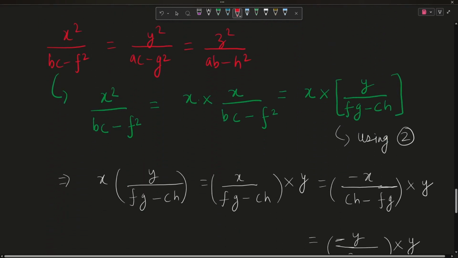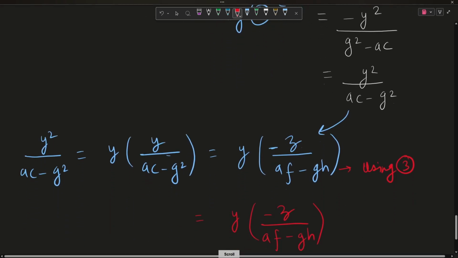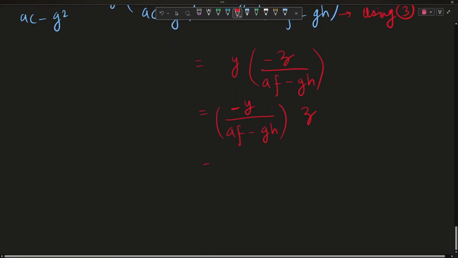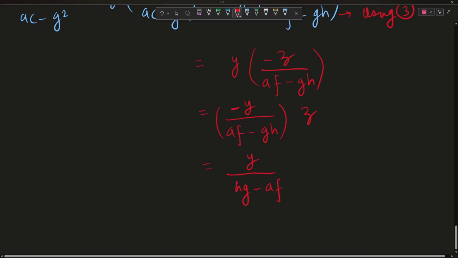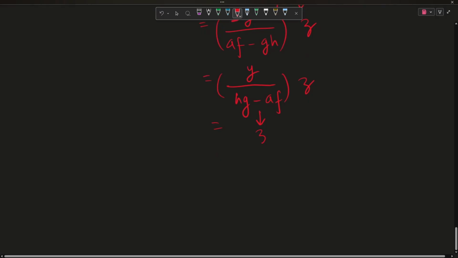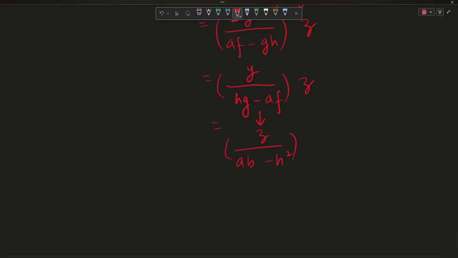So I can write it, dissolving the minus sign, as y upon hg minus af into z, and this is equal to z upon ab minus h square into z, or z square upon ab minus h square.